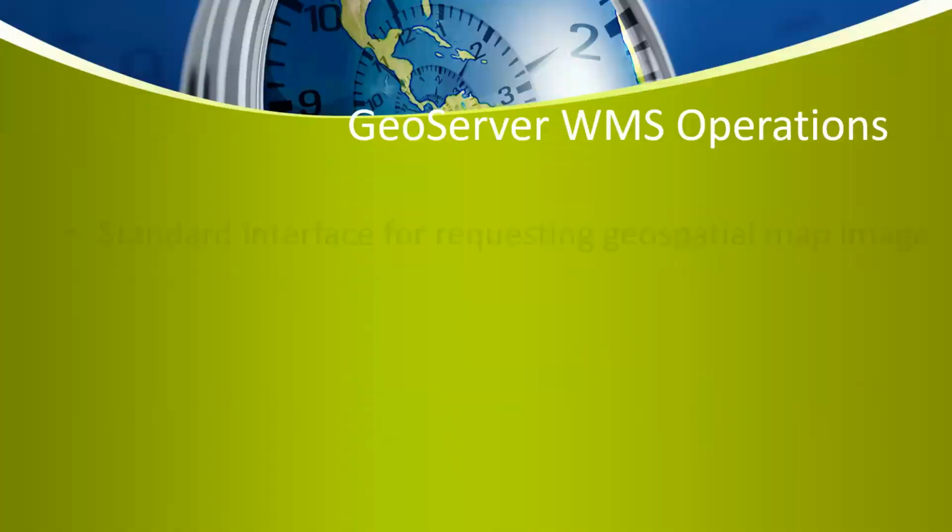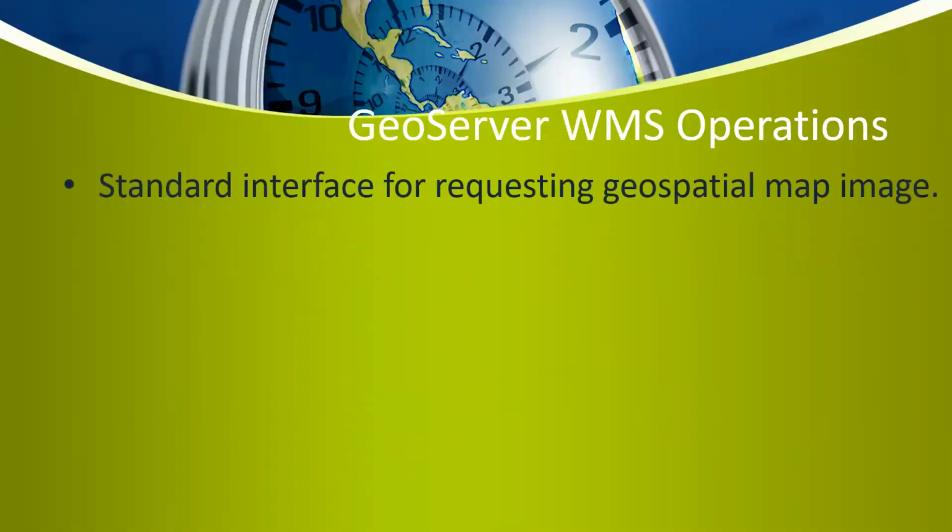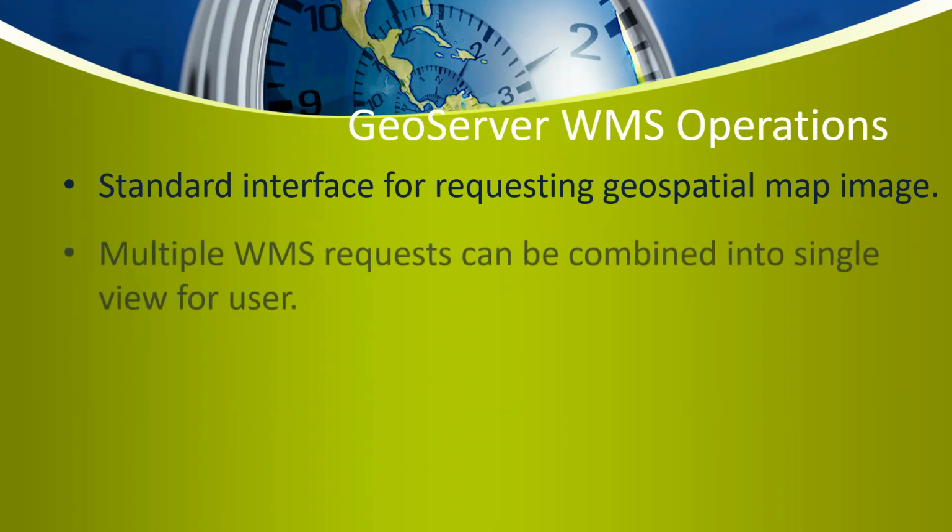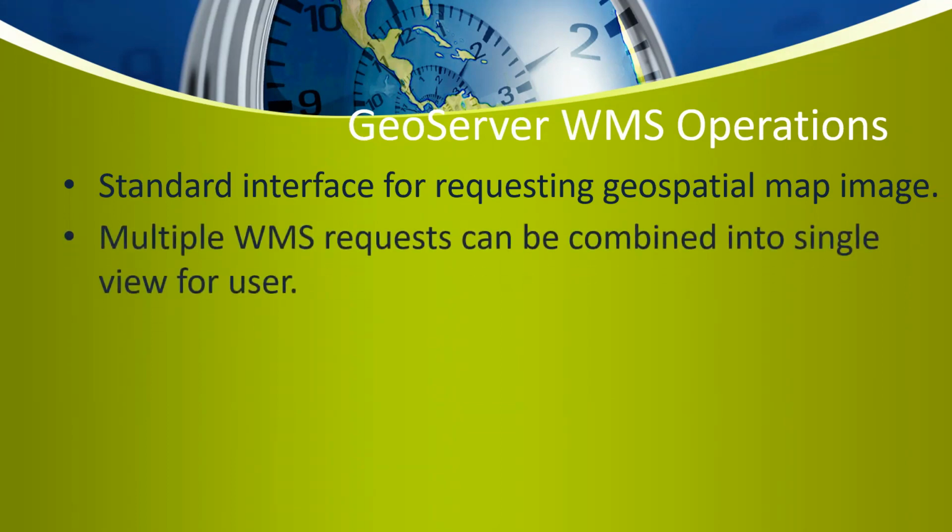We've been looking at WMS and talking about it. We saw that the WMS is an interface for requesting geospatial data in the form of map images. You request the WMS and the output that you get usually comes in the form of an image.